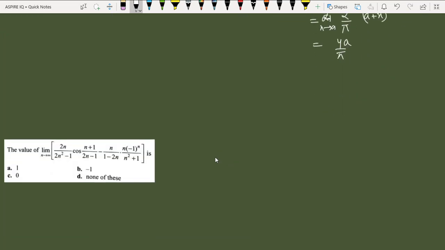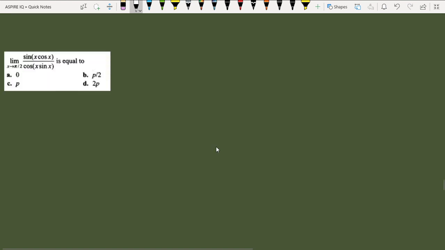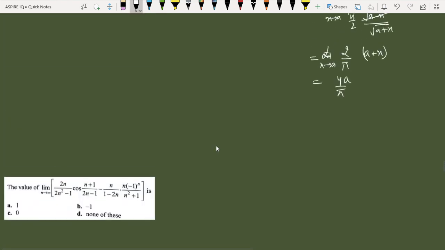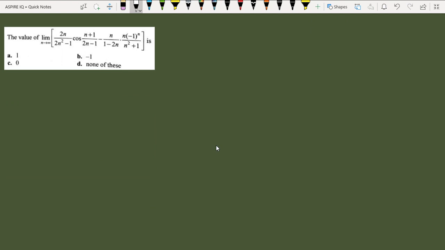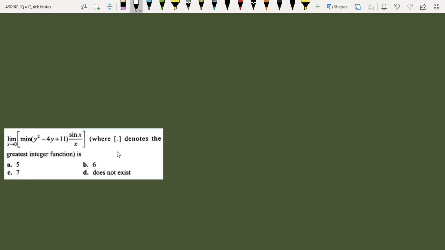Now this will take time, so for the time being I think we should stop here. The 3 questions are remaining. You can note them down and try yourself at home, and you can comment if you are not able to solve them. It will be difficult, and this one is a very easy question.